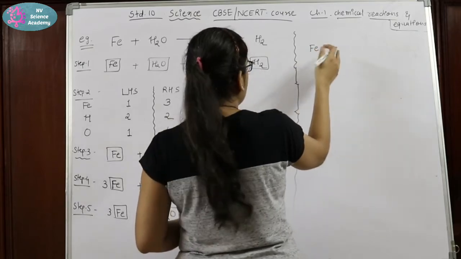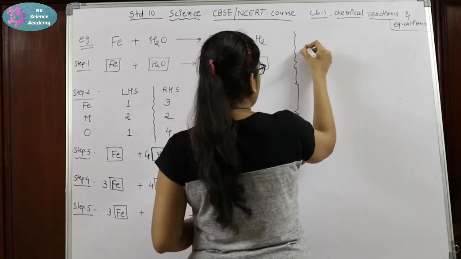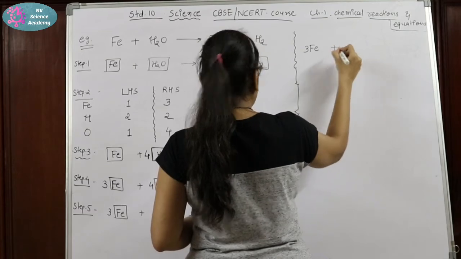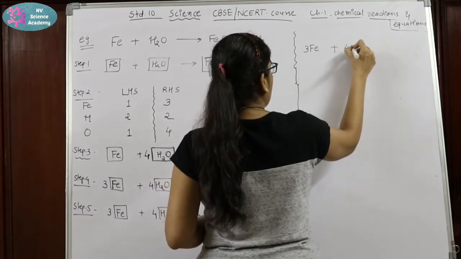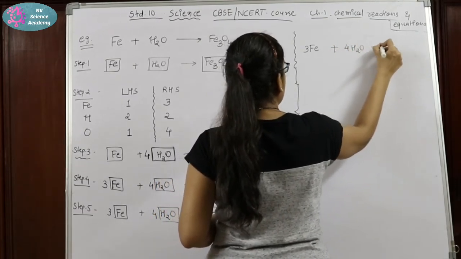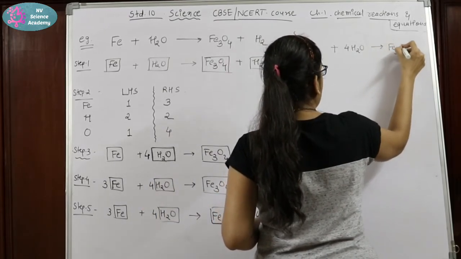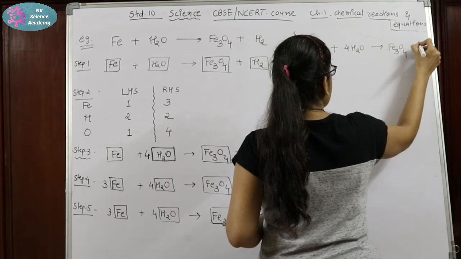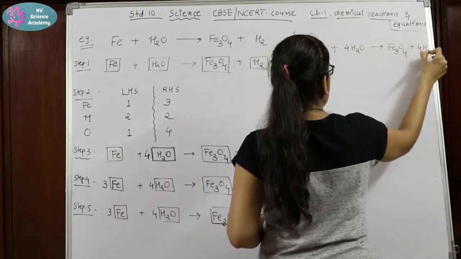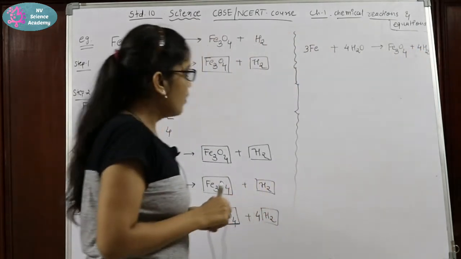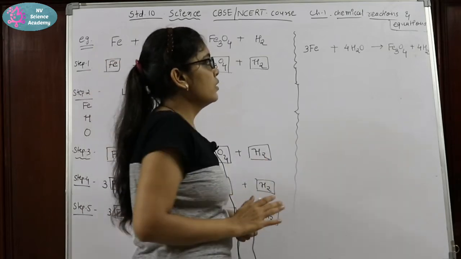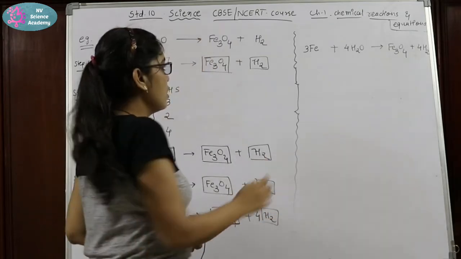Now you can remove the boxes. 4H2O gives Fe3O4 plus 4H2. So now we will put the physical states.